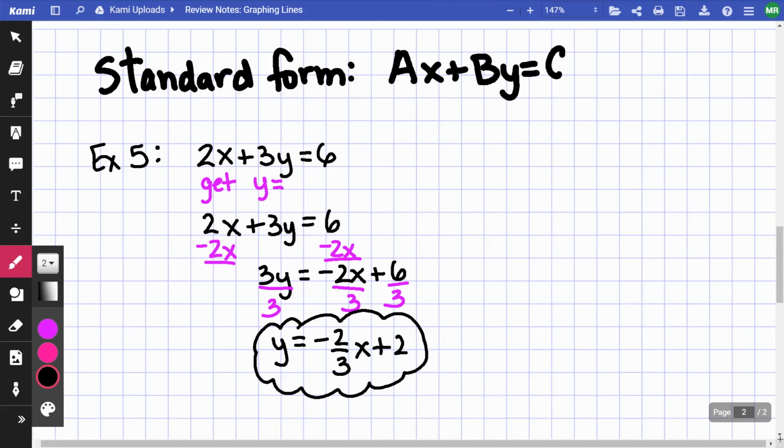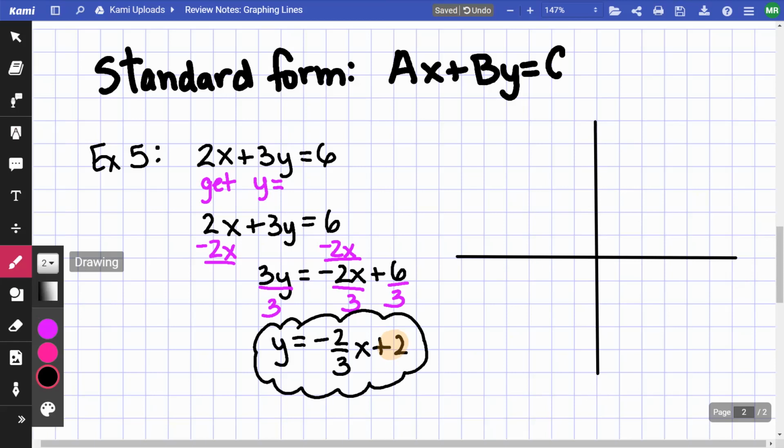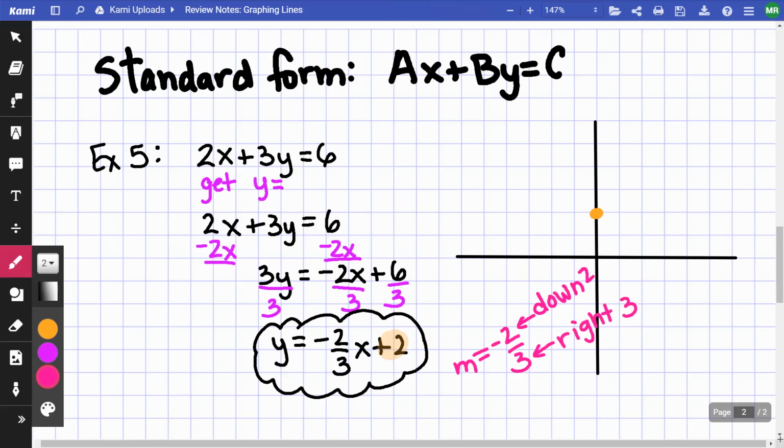Okay, so let me get my graph. For this, again, I'm going to start with my y-intercept because this is now in slope-intercept form. My y-intercept is a positive 2. And then my slope is equal to a negative 2/3. Since this is negative, I'm going to go down 2 and right 3.